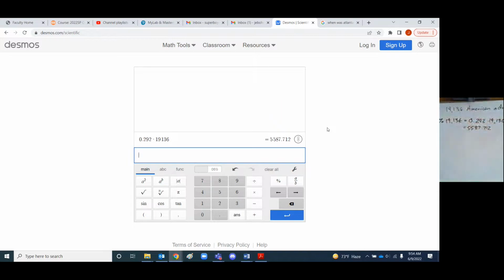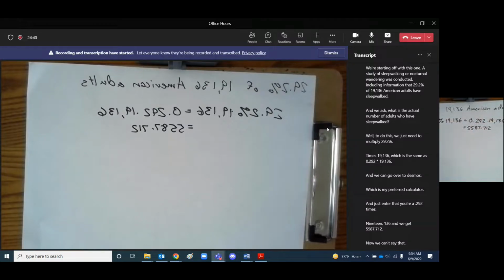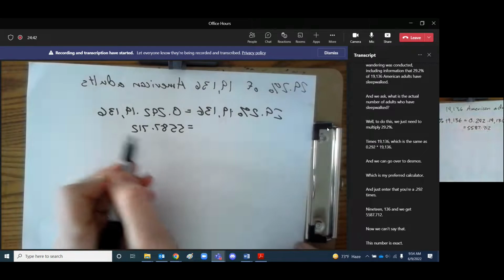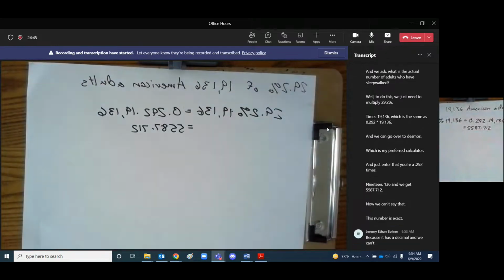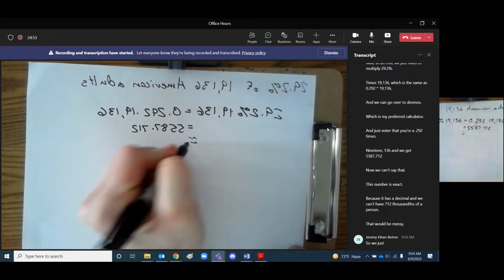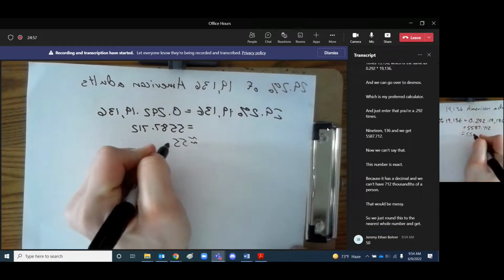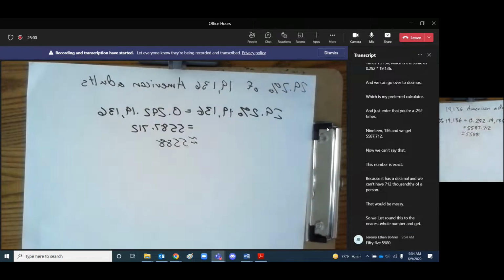Now, we can't say that this number is exact because it has a decimal, and we can't have 712 thousandths of a person. That would be messy. So we just round this to the nearest whole number and get 5,588, which should be close enough for us.